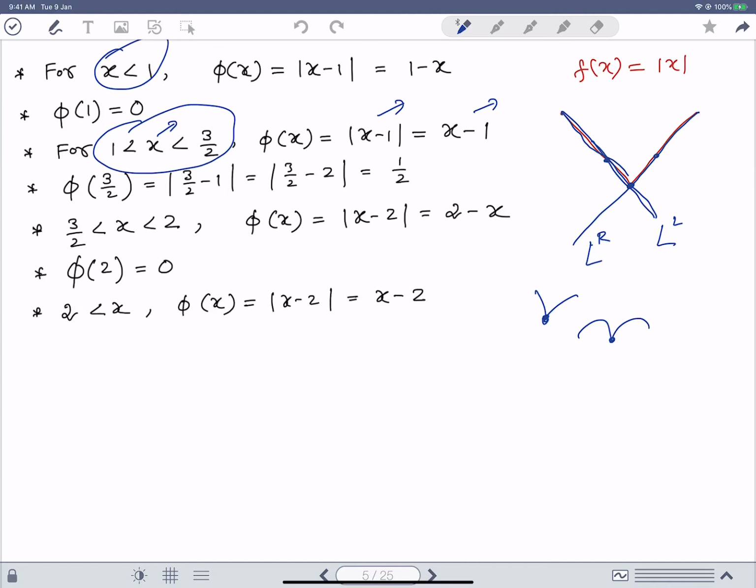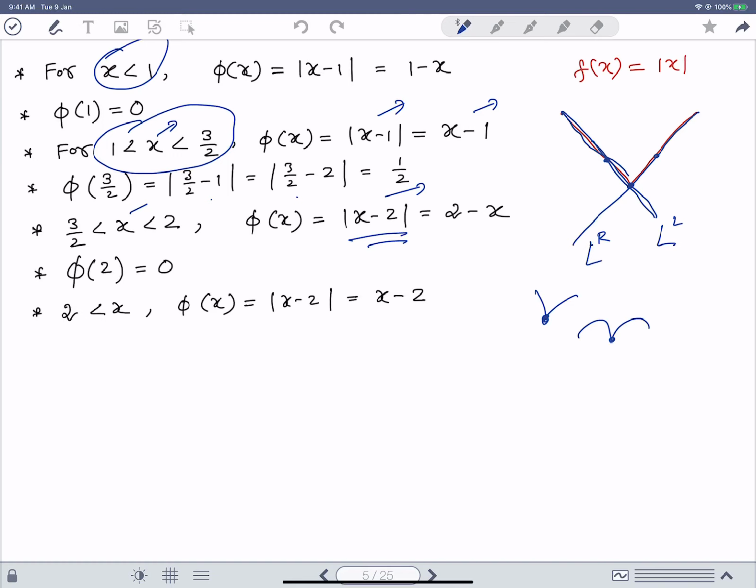And when x is 3 by 2, both values are the same. That means x minus 1 and x minus 2 are the same in magnitude, you can take any one and you get the value half. Again, if x is between 3 by 2 and 2, between x minus 1 and x minus 2, this is the smaller one.